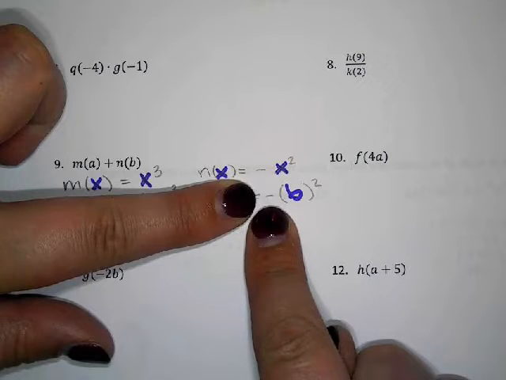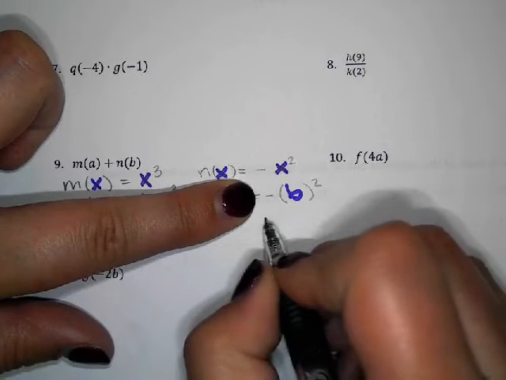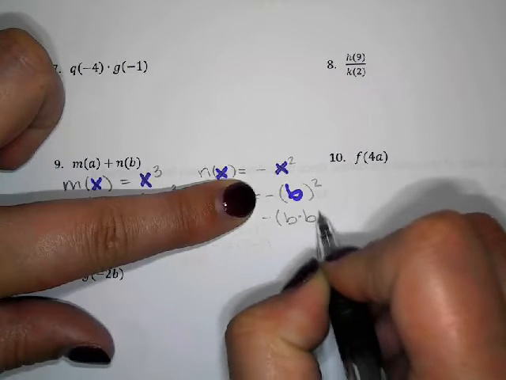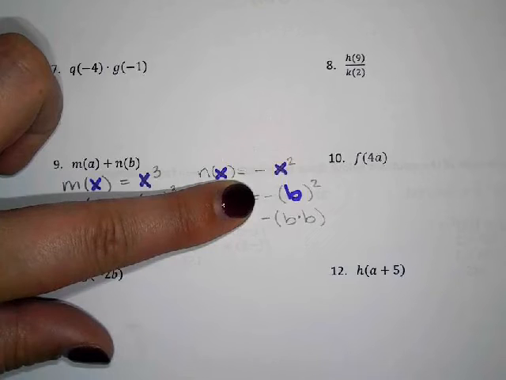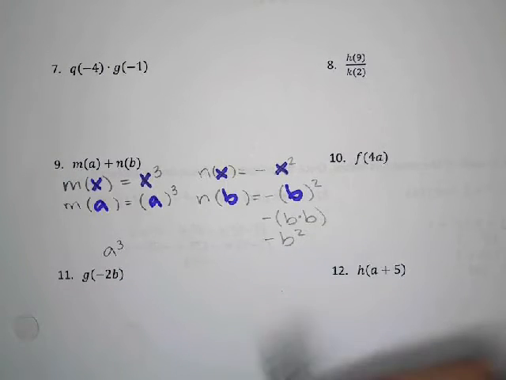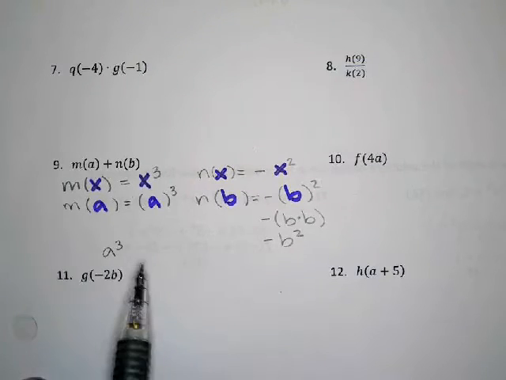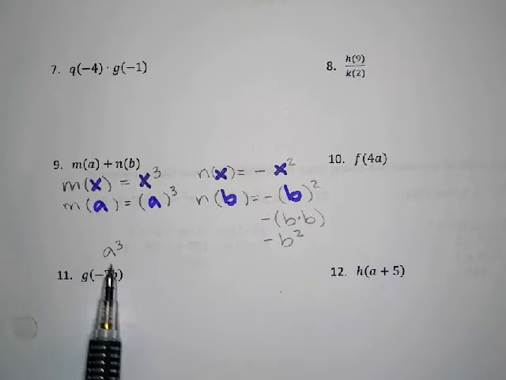So I'm going to write that down. The negative version of b times b. What's the negative version of b times b? It's just negative b squared, yeah. That was another problem where we didn't really need the parentheses. They were kind of pointless. So if we have the first answer plus the second answer, we have a to the third plus negative b squared.